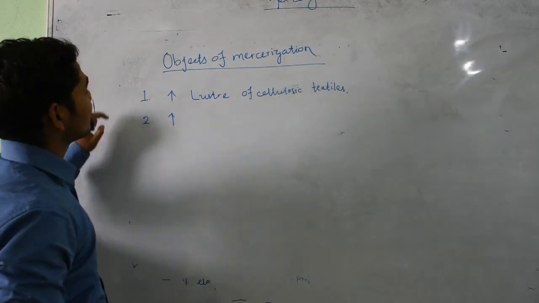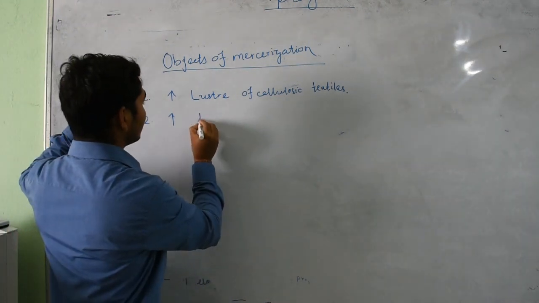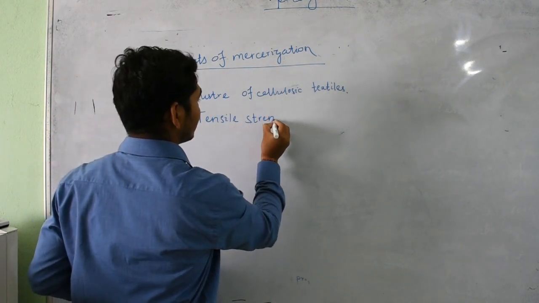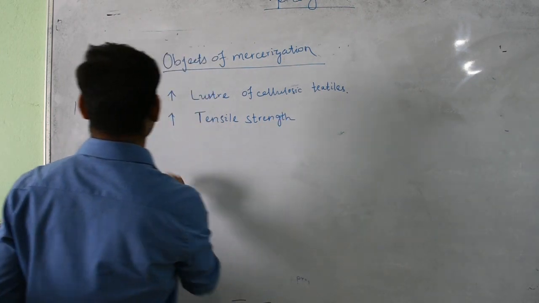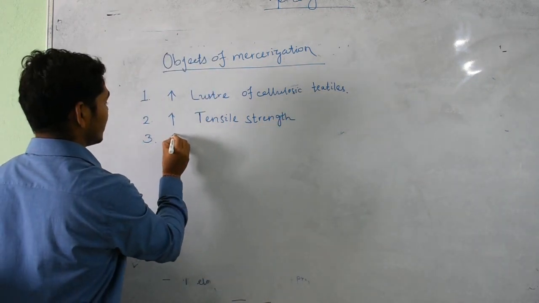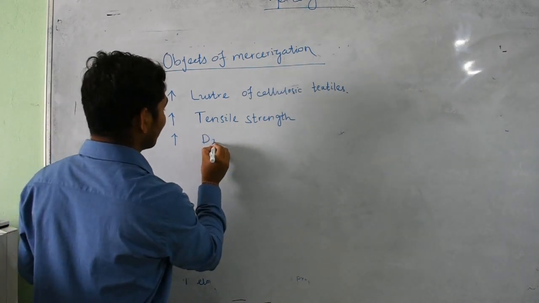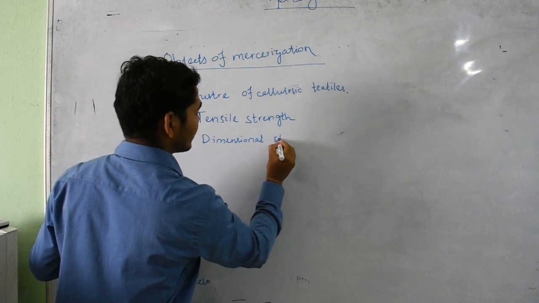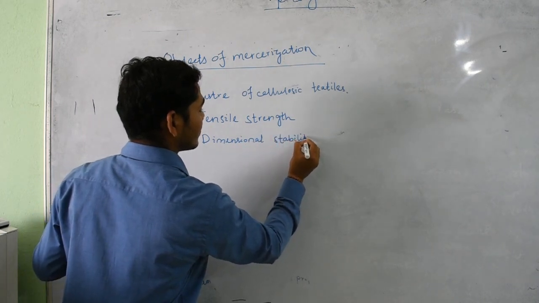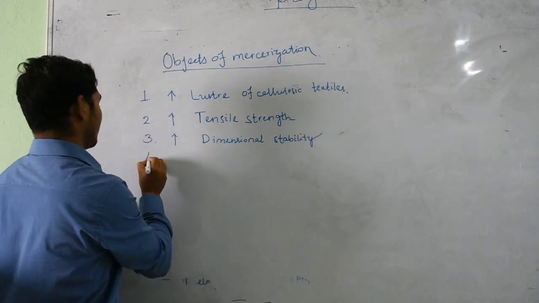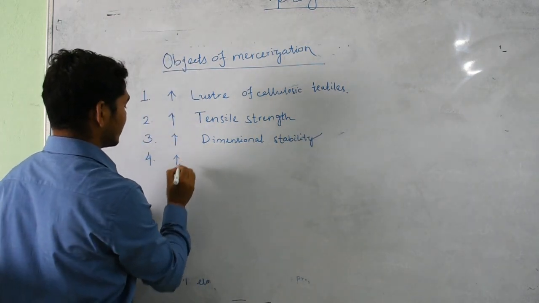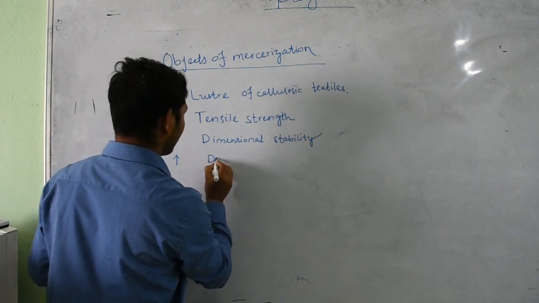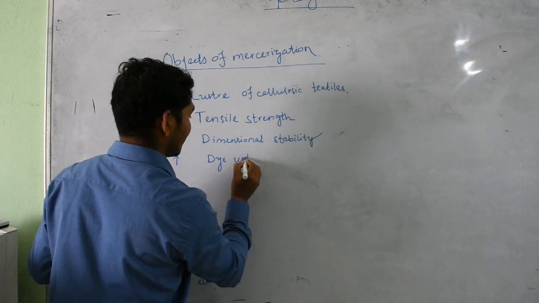The second object is increase in tensile strength. Third is increase in dimensional stability. The fourth object is increase in dye uptake.